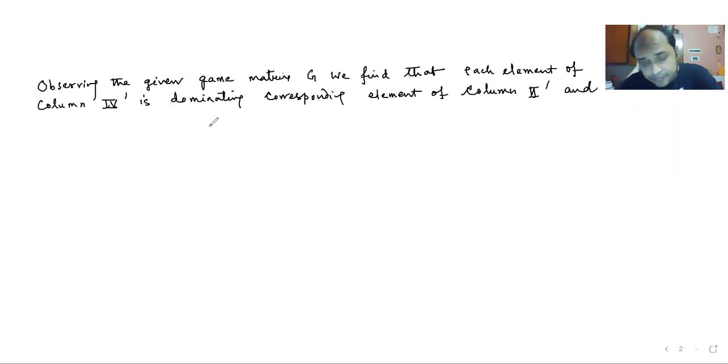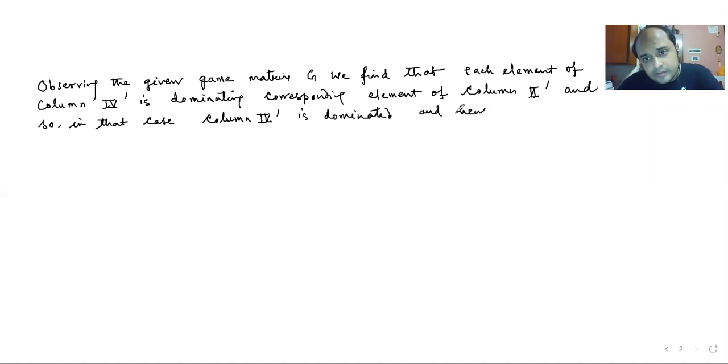And so in that case, column 4 prime is dominating, and hence can be neglected or can be erased, so that the new matrix is G prime.